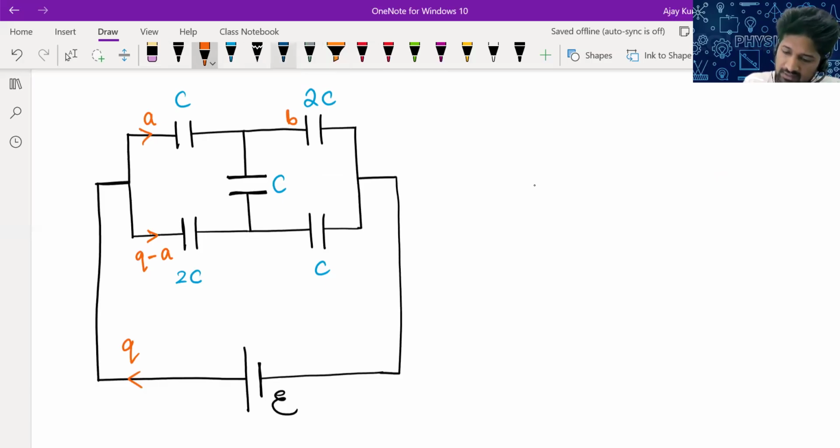Now there is an isolated region here. If A gets deposited here, minus A will get deposited here. And if this is B, then on the third plate, can any of you tell, in that isolated region, on one plate we have taken charge minus A, on the other plate we have taken charge B, both of which are unknowns. How much will be the charge on the third plate of that isolated region? Assuming isolated region is neutral.